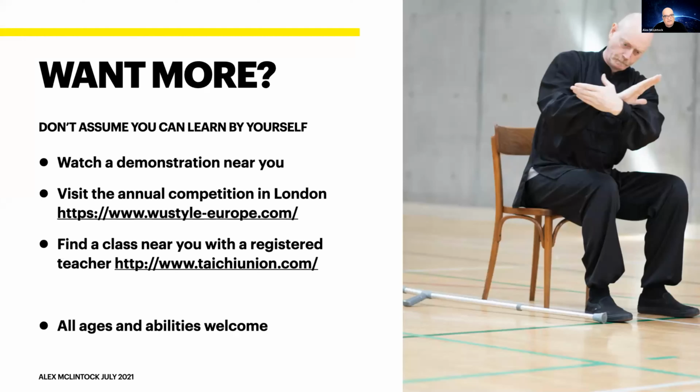So what next? Well, I hope that I've intrigued you to some extent. If you want more, there's probably a demonstration happening near you at some point in the future. I hope next year in London we'll have our annual competition again. And if you want to find a teacher, I recommend that you find a registered teacher.